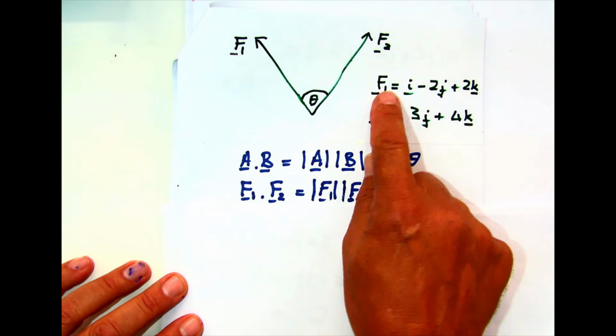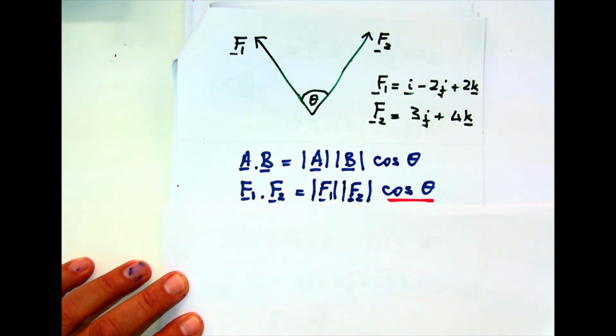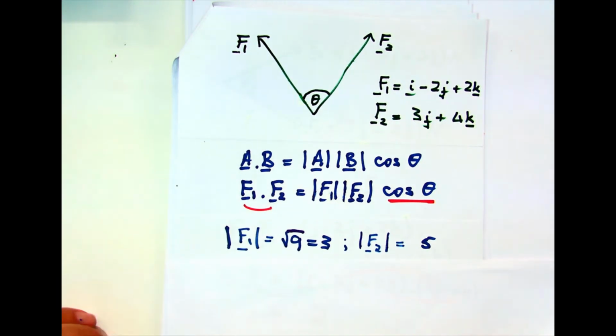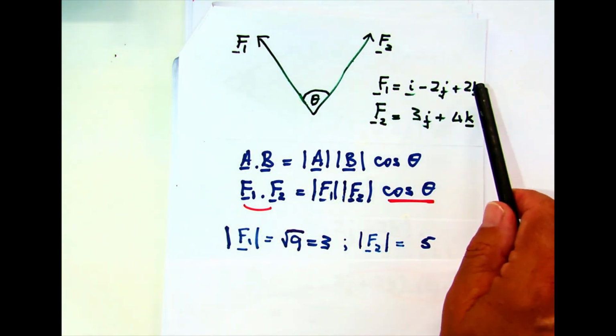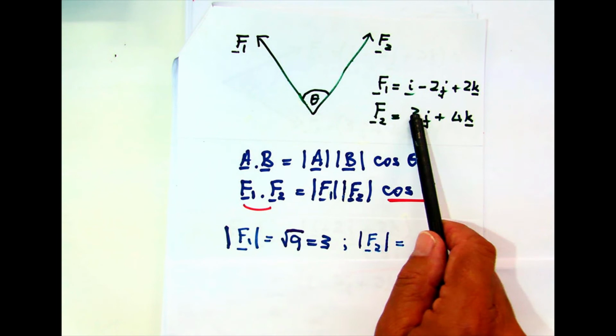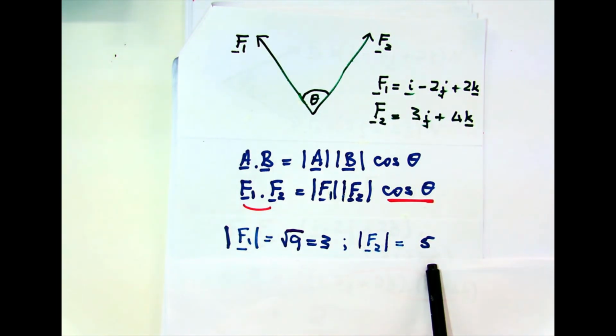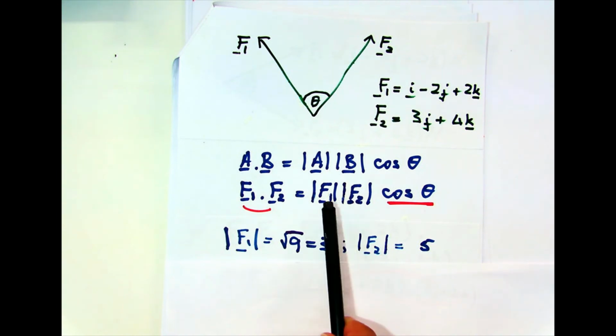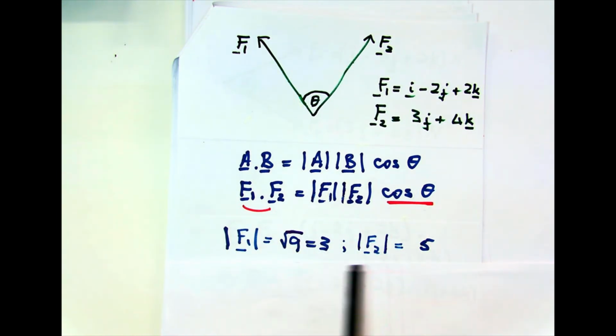So let's say you have those two forces there, F1 and F2. And, okay, the magnitude is quite easy. 1 squared plus 2 squared plus 2 squared, square root of 9, which is 3, and the other one 3 and 4, so the magnitude is 5. So now I have the magnitude of that one and that one. Now I've got to get the dot product between the two.